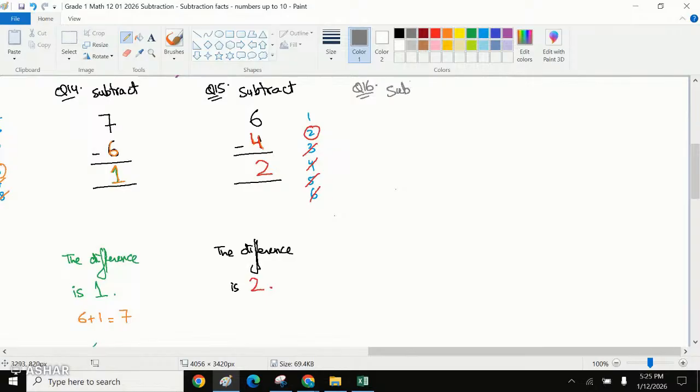So let's do the next subtract. What is 8 minus 5? Can anyone give me the answer? What is the difference in this case?